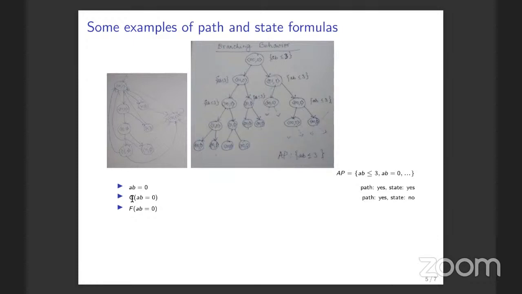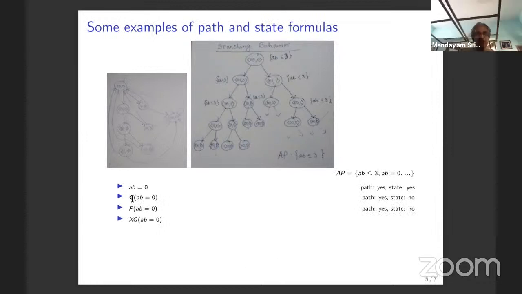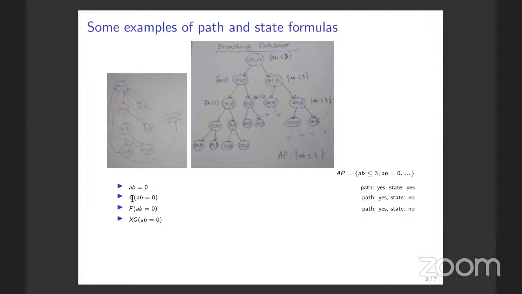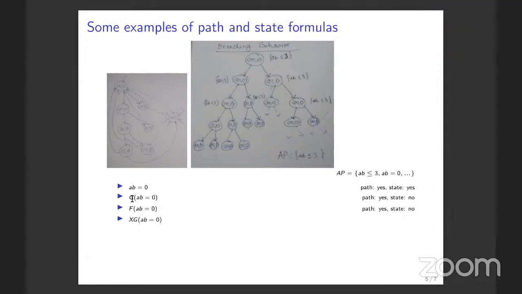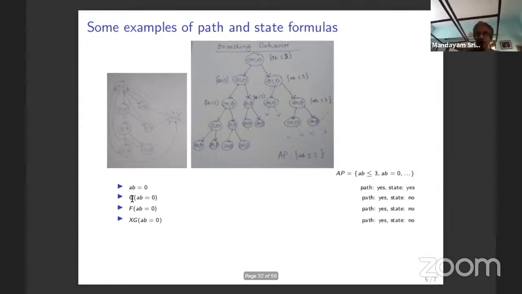This is also a path formula, right? Similar to the G of. Yes, similar to that. So Ratnakar? This is a state formula. X before anything makes it a state formula. No, X is a temporal operator, no? It's the next state operator. Okay. So this is a path formula, but it's not a state formula.